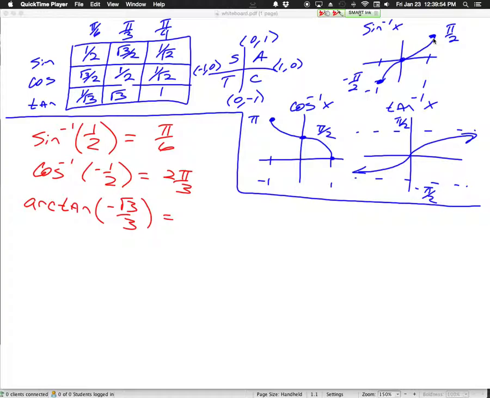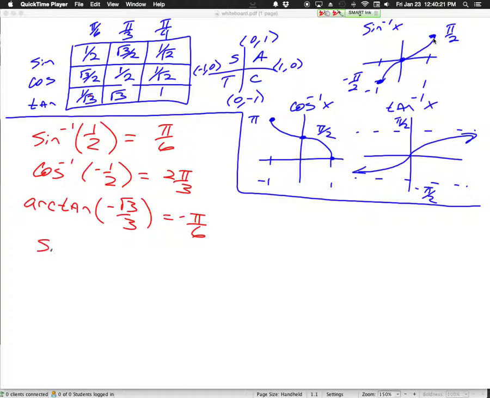These two are the same thing. So what I want is the pi over 6. Radical 3 over 3 is the same thing as 1 over radical 3. So tangent of 1 over radical 3 gives me the angle pi over 6. How do I handle a negative in inverse tangent? Make it negative. There it is.